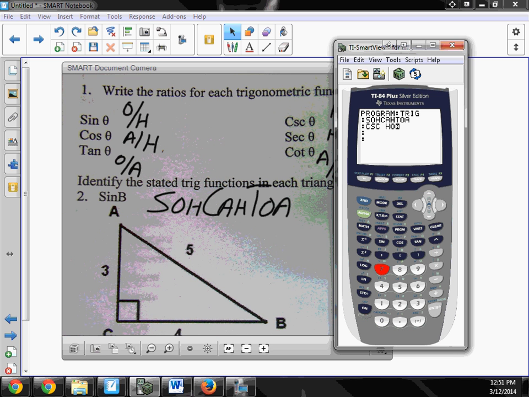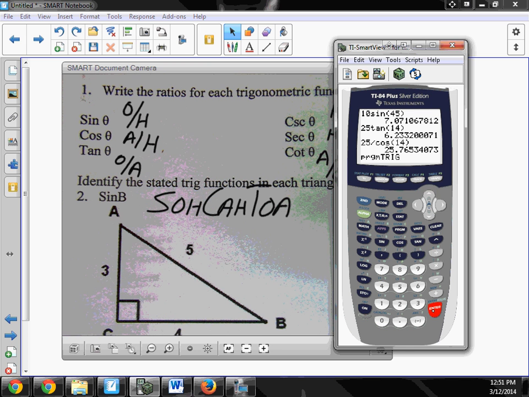Okay, now let me show you how to access this. Exit out, and go to Program, and the first exit out, second quit. Go to Program, and then I'm going to go down to trig and hit enter, and it says program trig, meaning run the program. Well, if I hit enter on that, I just wrote a bunch of gibberish that the calculator doesn't understand.